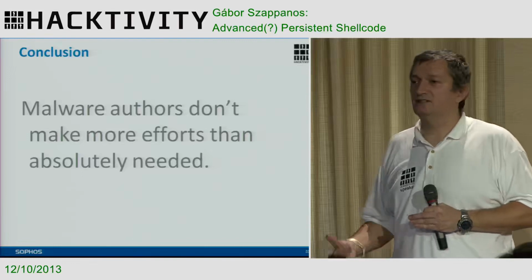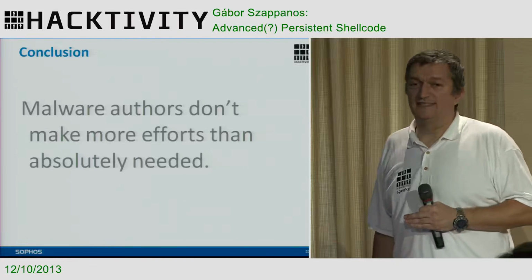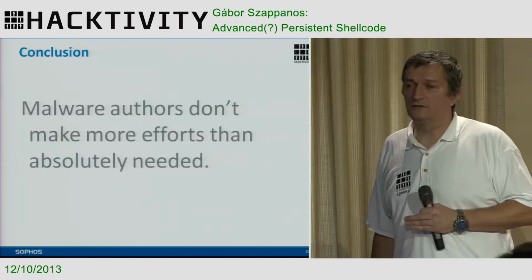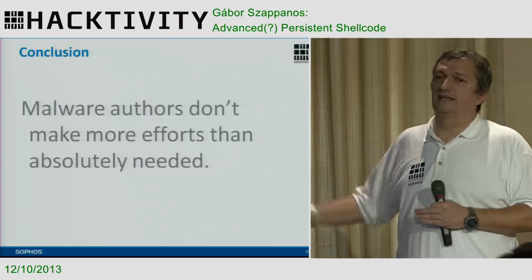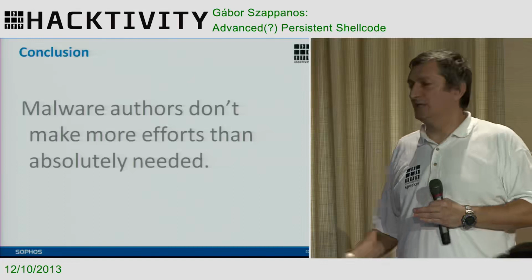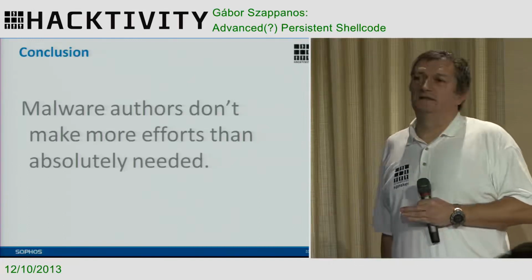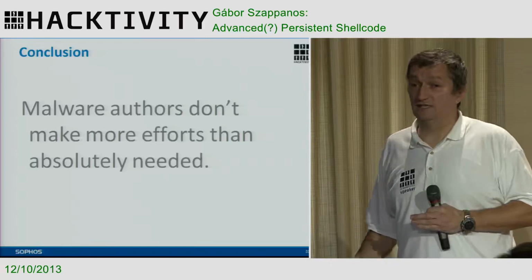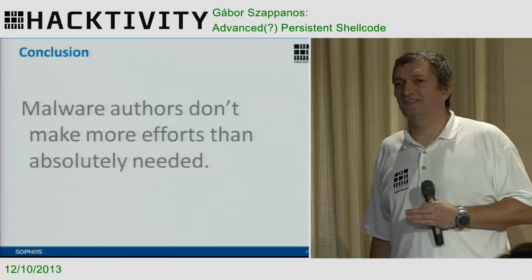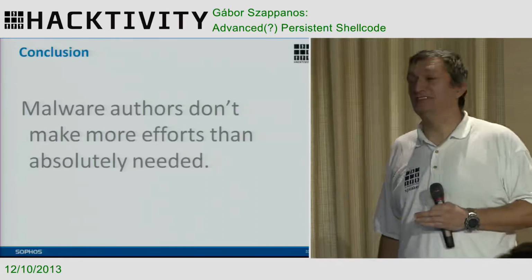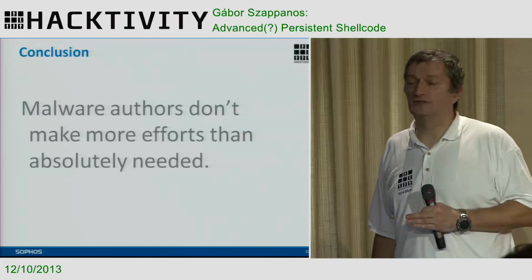One of them was EMET, the other was application sandboxing, like using a tool like Sandboxie to restrict WinWord from executing from the temp folder or downloading and executing files from the internet. They were looking at pretty much the same 1,000 targeted attack samples that I have analyzed during the past year. And they measured what ratio of the attacks could be stopped if, let's say, application sandboxing was applied.